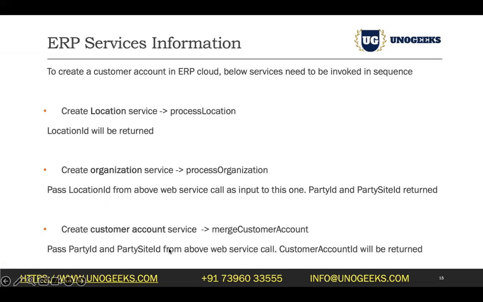Yes, there is a customer account service, but remember, these are the SOAP services that we need to call, and these are the operations that we need to call within them. When we call these services, we need to configure inputs, we get the output, and the output of one service needs to be passed as input to another one.